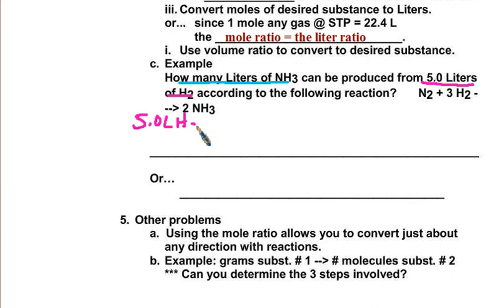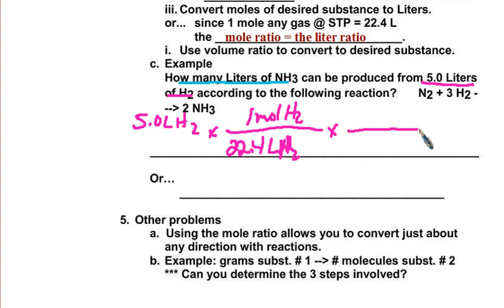5.0 liters of H2 times, convert liters to moles, 22.4 liters of H2 is going to equal 1 mole of H2. This is the mole ratio step, so we know that 3 moles of H2 will equal 2 moles of NH3.